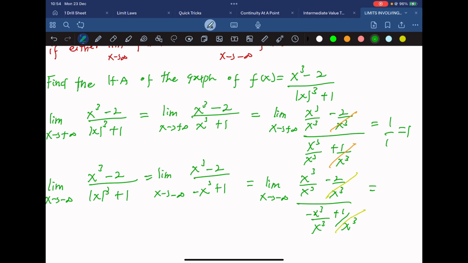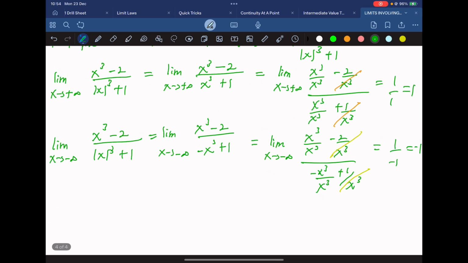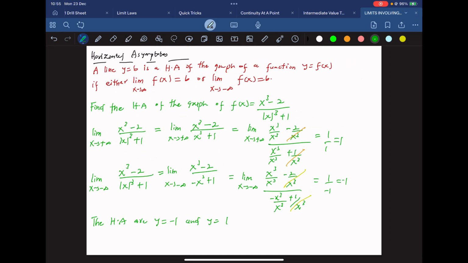So we just have 1 out of minus 1, which is equal to minus 1. So the horizontal asymptotes are y equal to minus 1 and y equal to positive 1. I hope this is clear.